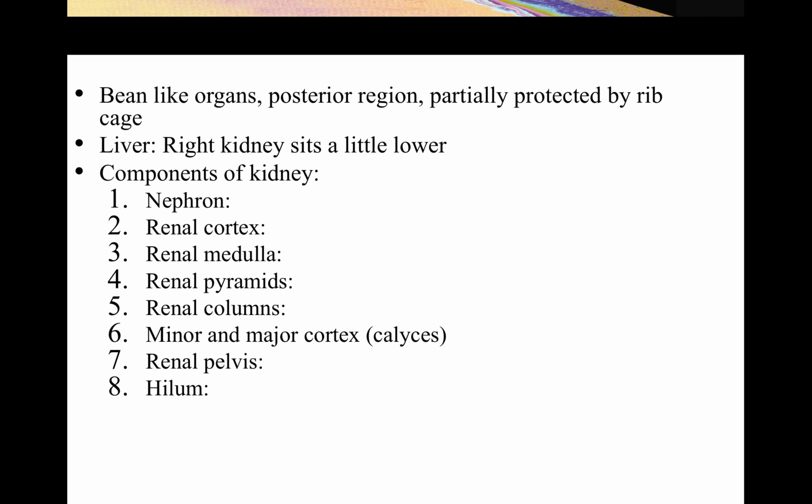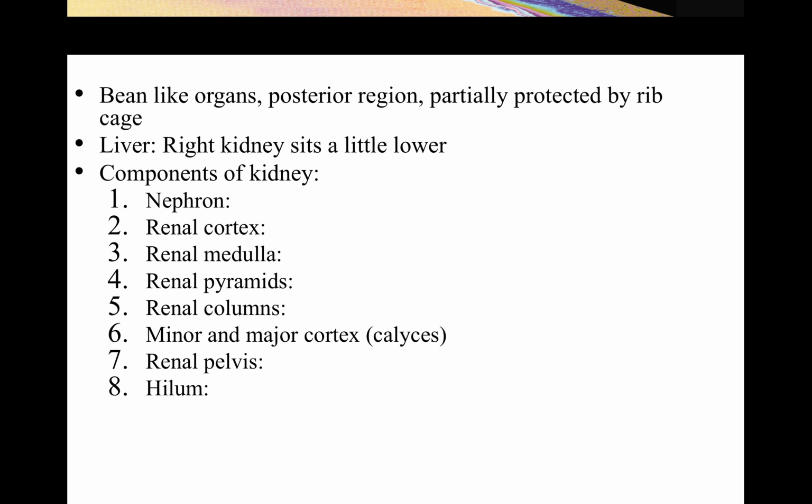Renal cortex; medulla, which is the inner aspect. The triangular structures within the renal medulla are renal pyramids. Renal columns are the extensions of the cortex between the renal pyramids. Minor and major calyces are parts that collect urine from each pyramid.